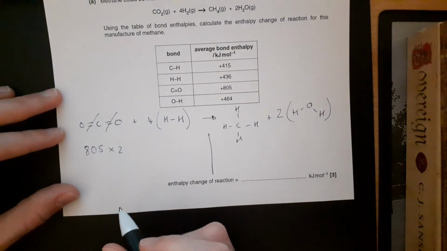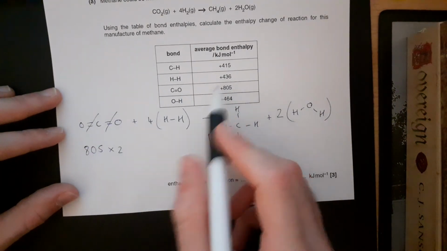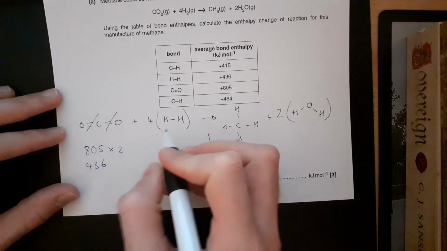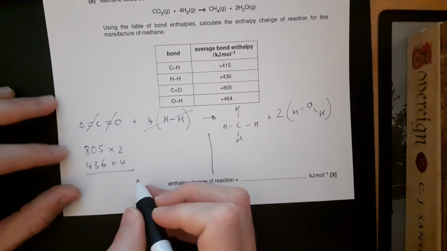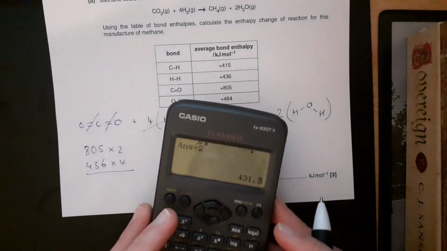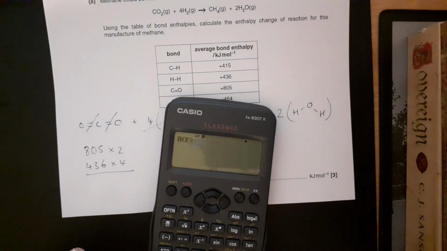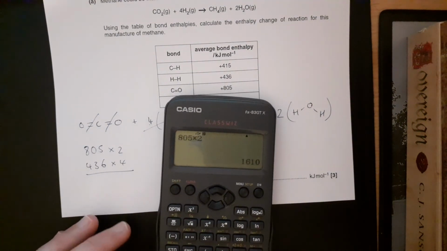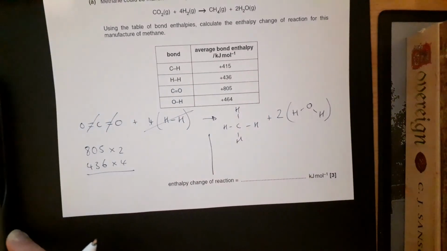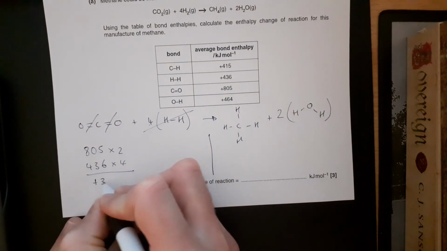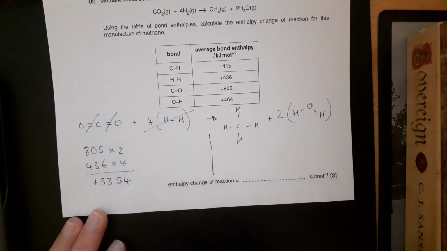That's those done. And then the HH bond is 436 times 4. And that's that done. If we add that up, 805 times 2 plus 436 times 4 is 3354. And that's a positive. Those are all the bonds we have to break.